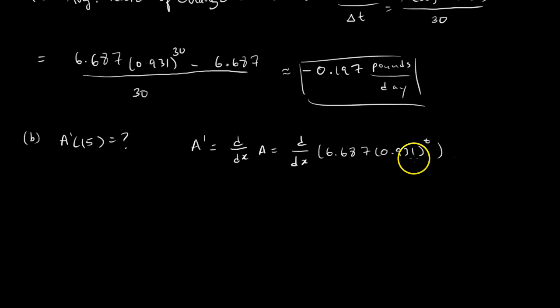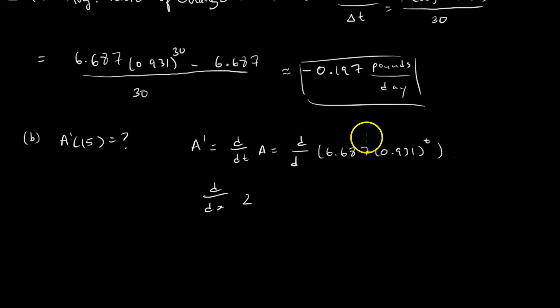But we're taking the derivative of something like, for example, 2 to the t. Actually, this is not the derivative with respect to x at all. Because A prime is a derivative with respect to time, not with respect to x.